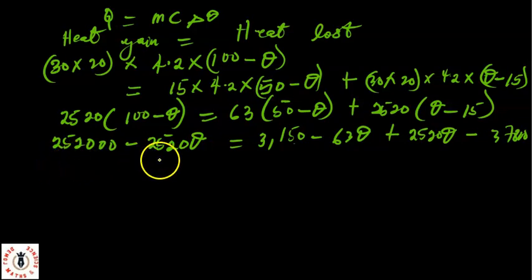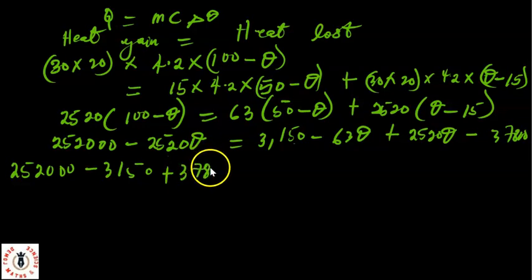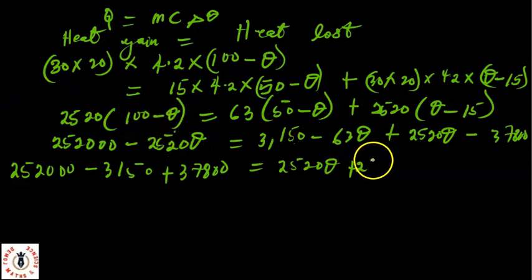Now, let's collect like terms. Let's push all the thetas to this side and bring all other figures to the other side. Then I should have 252,000 minus 3,150 plus 37,800 equals 2,520 theta plus this other 2,520 theta goes to the other side also to become positive, 2,520 theta minus 63 theta.